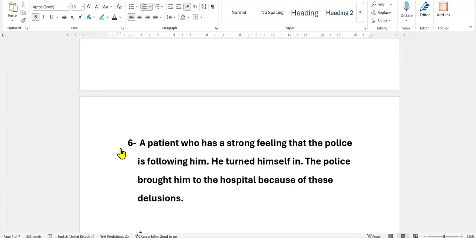Delusions mean that the person has strong beliefs which the others don't believe in or don't see. This is part of something called psychosis. It's a mental health problem, Jack.